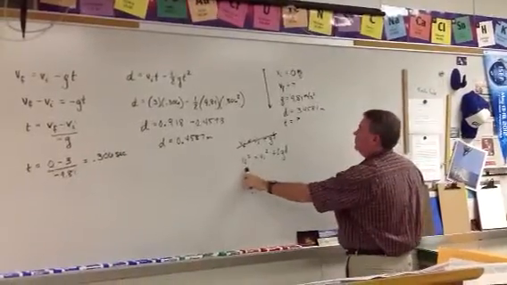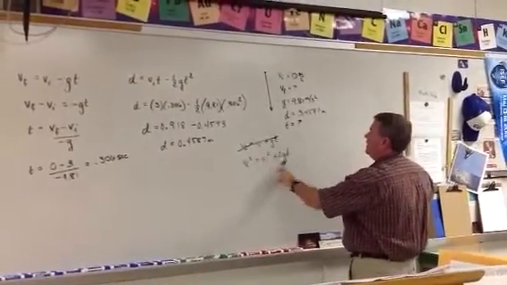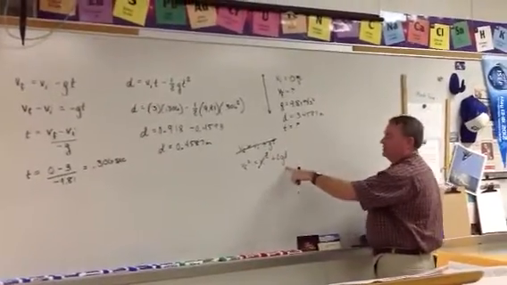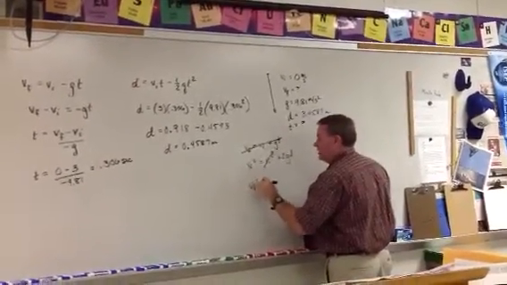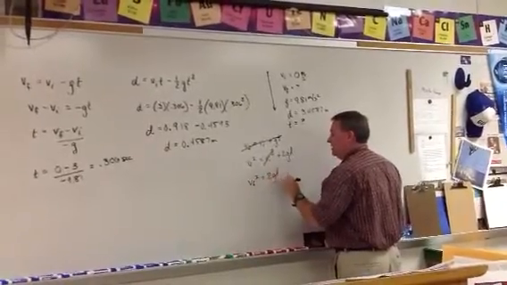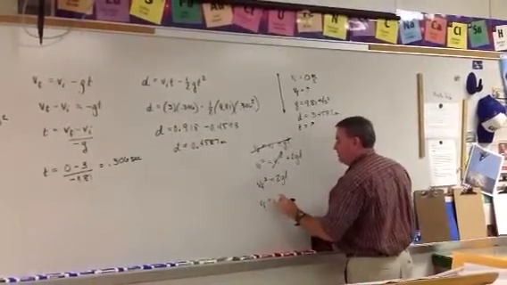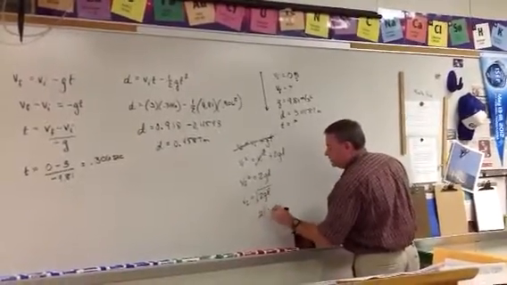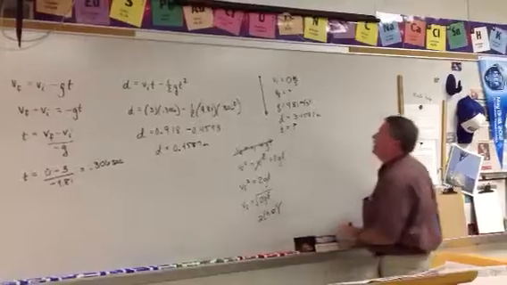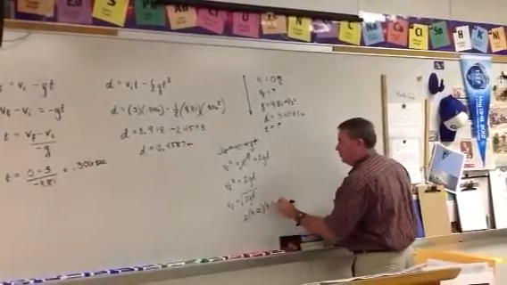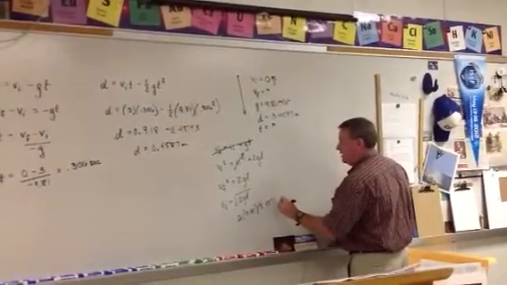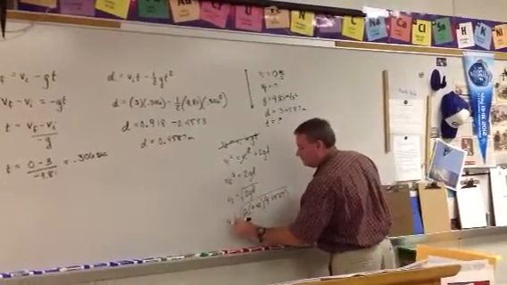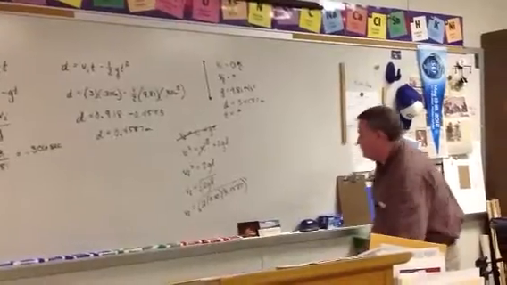We don't know Vf. We do know Vi. Vi is equal to 0, so that whole term is gone. We know gravity and distance. So Vf squared is equal to 2gd. Vf is equal to the square root of 2gd. So 2 times 9.81 times the distance of 3.4587, and square root all of that. 8.24.